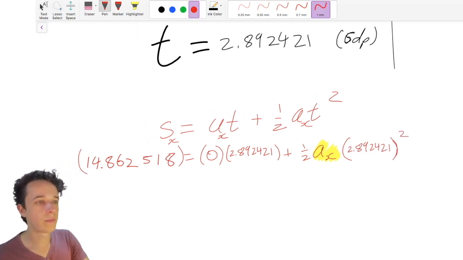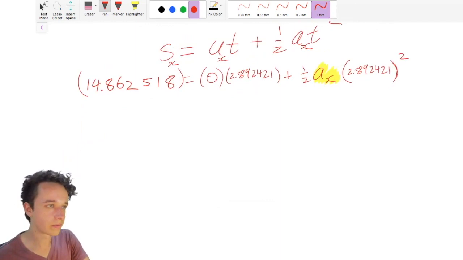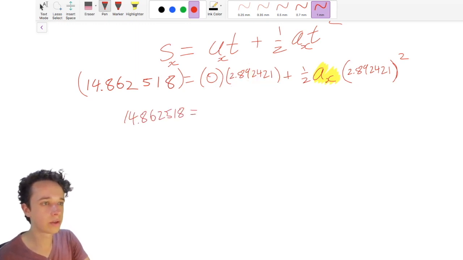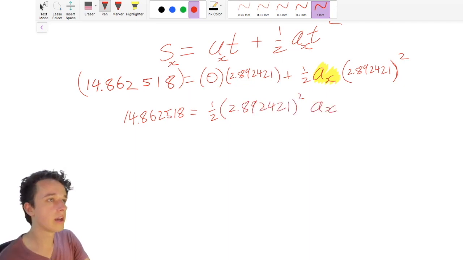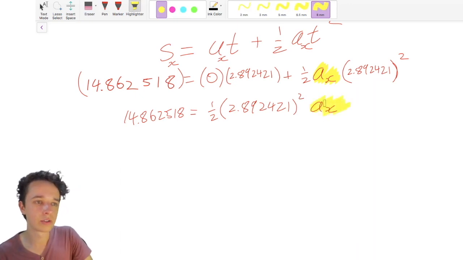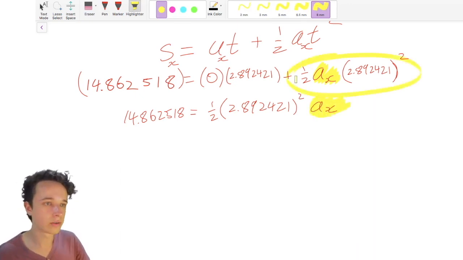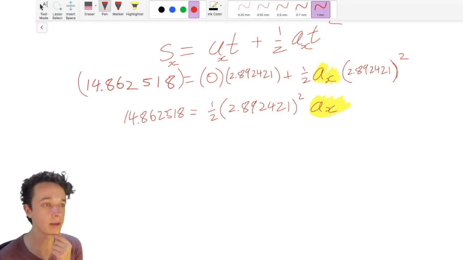Okay, so now we just have to rearrange this whole thing for ax. So on the left-hand side, we have 14.862518 equals, the 0 wipes all this out, so we don't need to bother with it, is equal to half of this thing squared multiplied by ax. I just changed the order of these things because it looks a little neater. So if we multiply both sides by 2, we can get rid of this half fraction.